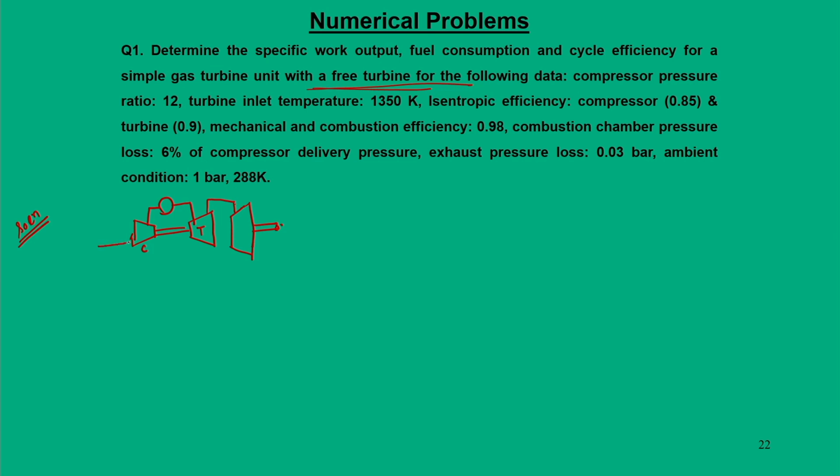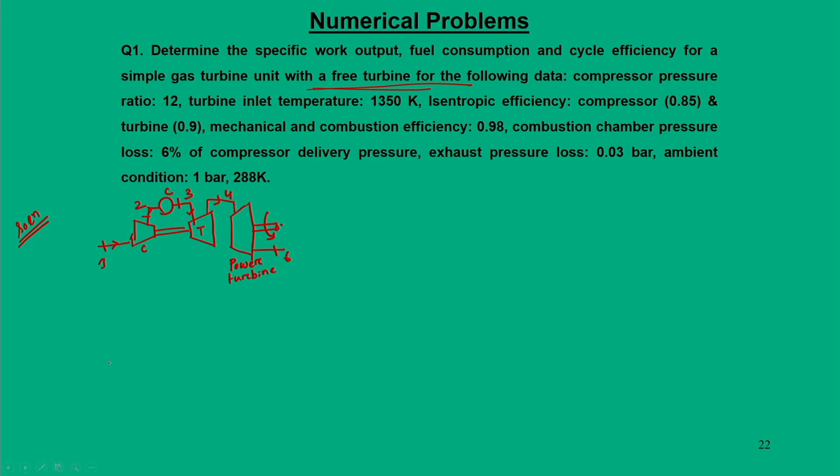We put the state points as 1 at compressor entry, 2 at compressor exit and combustion chamber entry, 3 at combustion chamber exit, 4 at first turbine exit, and 6 at the power turbine exit. The power turbine drives the generator. So we start with 1 and end with 6.